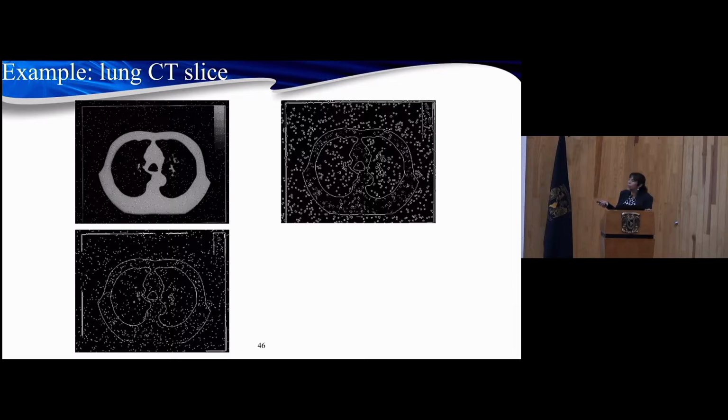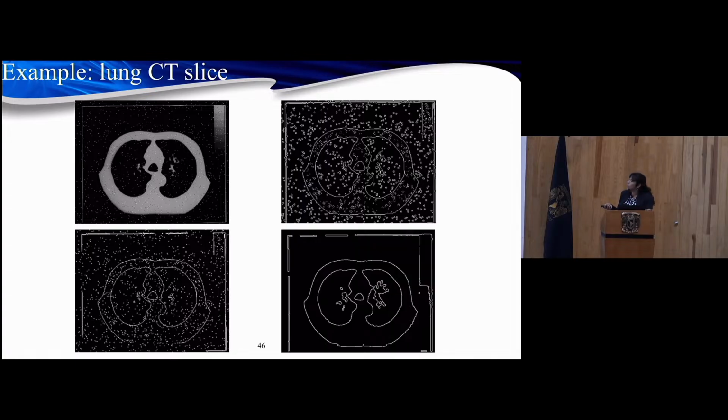So if the filter is not good, it can make it worse, and we get the outlines of the noise on these edges. So we have to find a way around this. The idea is to use pre-processing, something that gets rid of the noise before using these algorithms.